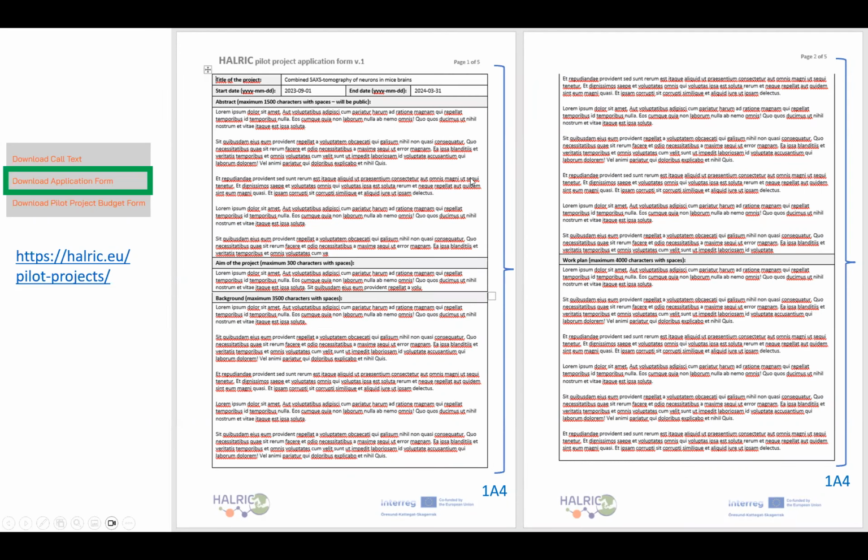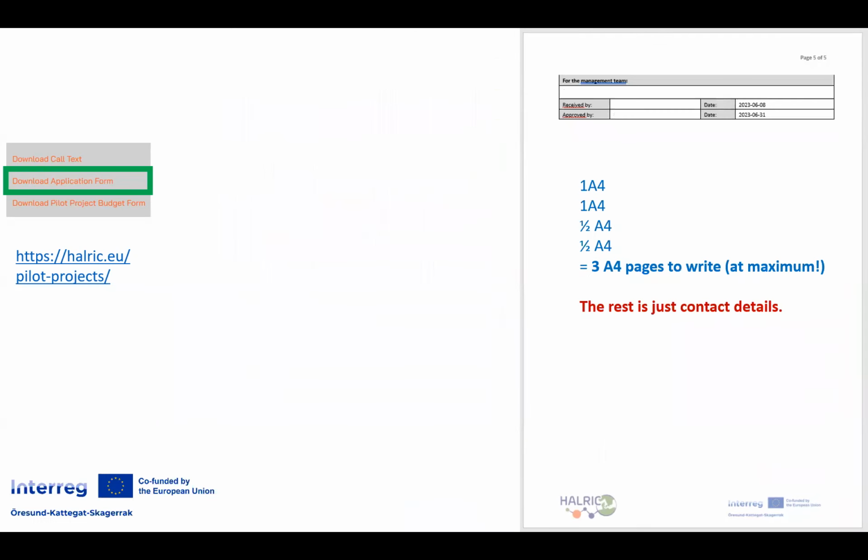So just to put it out there that it's not a lot of text to write, but of course the most important thing is that what you put in the text is well thought through, and it's feasible, and follows all these criteria that I mentioned before.